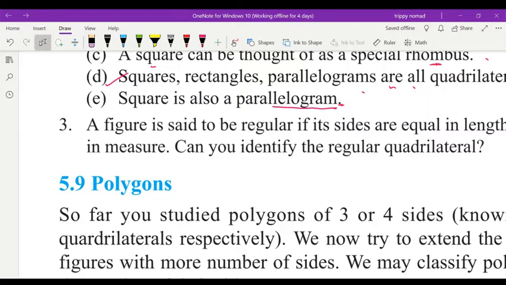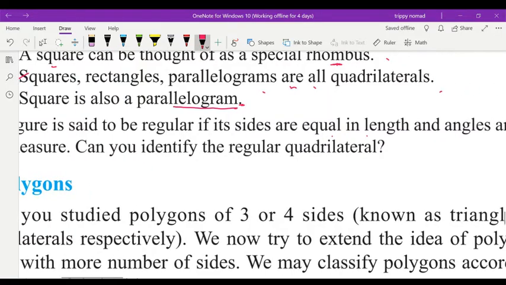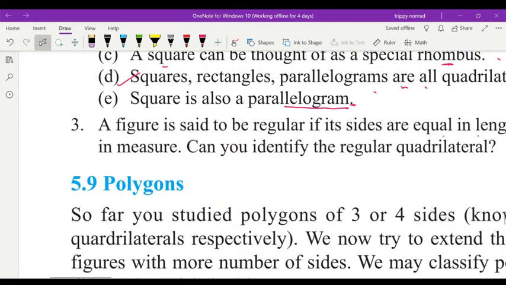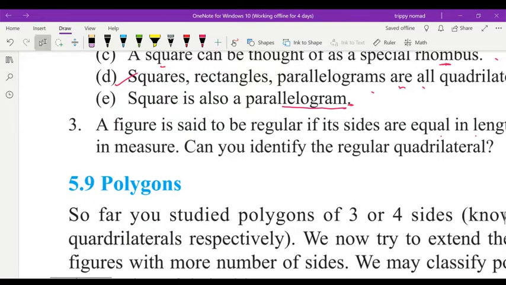Now, a figure is said to be regular if its sides are equal in length and angles are equal in measure. Can you identify a regular quadrilateral? Yes, a square. A square is a regular quadrilateral since all its sides are equal in length and all angles are equal in measure.